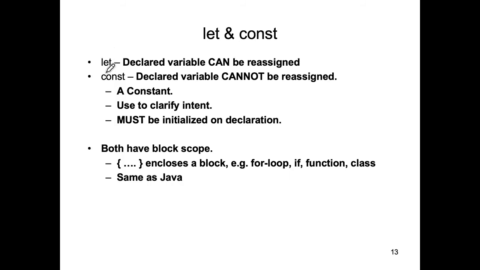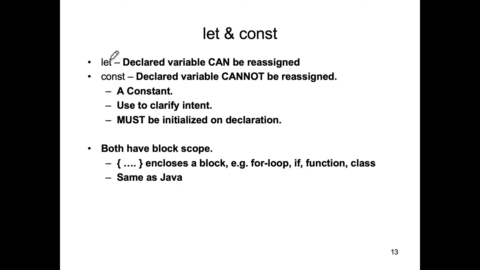Whereas when you see a variable declared with const, then that tells the reader of the code, well, this variable is never going to be reassigned, i.e. it's going to be constant. So it gives the reader an indication of the programmer's intent when they were writing the code. There are probably other advantages behind the scenes to using let and const.